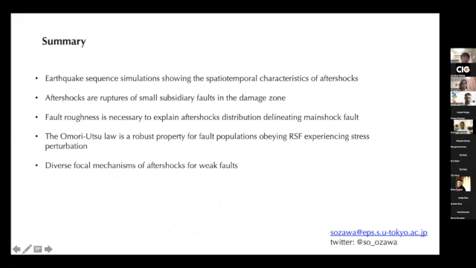If you look at the temporal decay, the Omori-Utsu law is universally reproduced, which is a robust property for fault populations with rate and state friction and external stress perturbation. And finally, diverse focal mechanisms of aftershocks are observed for weak faults.